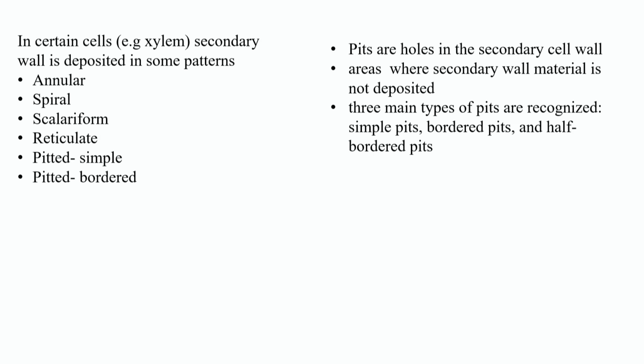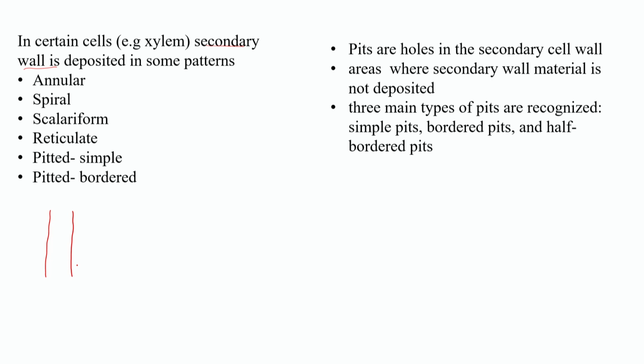Now, one very important component of the secondary cell wall is the different patterns of deposition of the secondary cell wall material on a plant cell. When the secondary cell wall is deposited, it's not that it is deposited at every place. Suppose we take an example of a tracheid or a vessel.